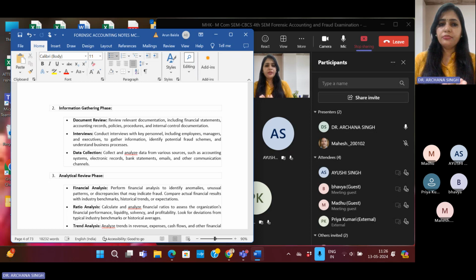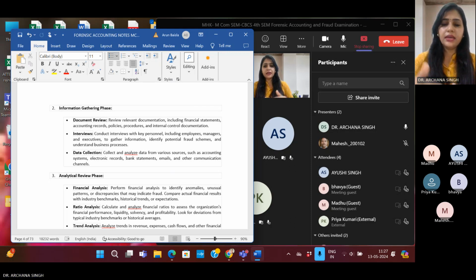Okay, after document review and collecting information through interviews, then they had to collect the data and then analyze it from various sources. जैसे कि for example, if they had collected accounting data, then they can analyze it from the accounting systems, electronic records, bank statements, emails, communication channels.